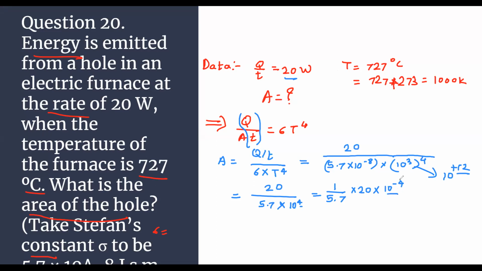So 20 upon 5.7 into 10 raised to plus 4, which we can take up, so this will become 10 raised to minus 4. For 1 upon 5.7, I am using the reciprocal table.